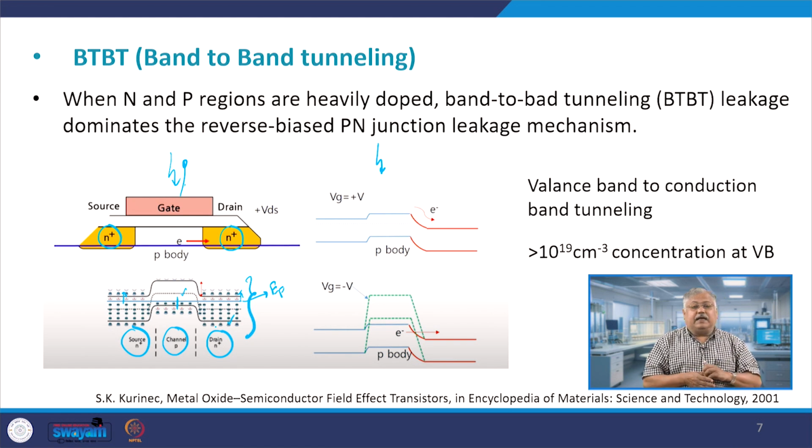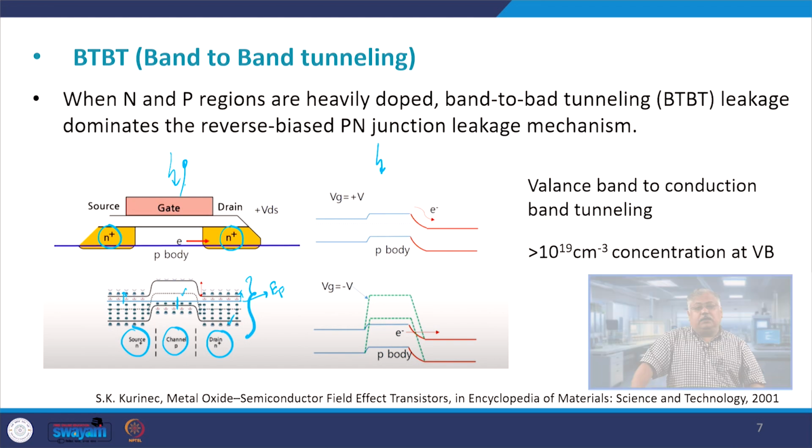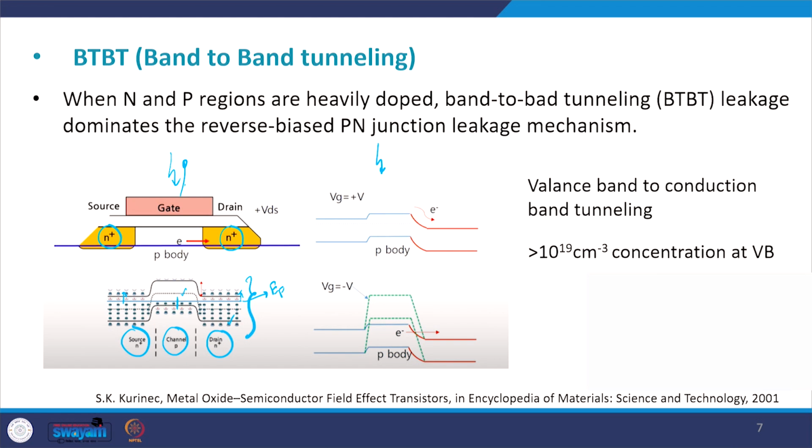Now, as you go on increasing the bias potential on the source and the drain side, you end up having a larger and larger variation in the potential. Now let us come to the right hand side figure.